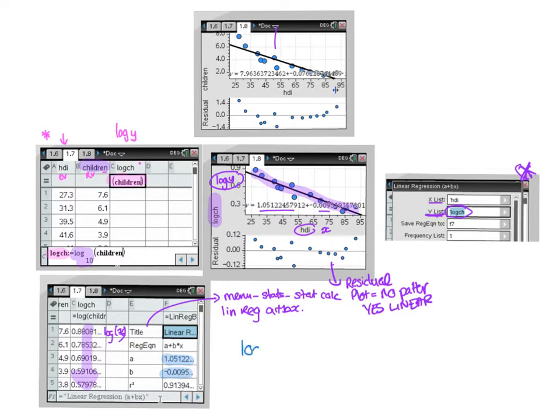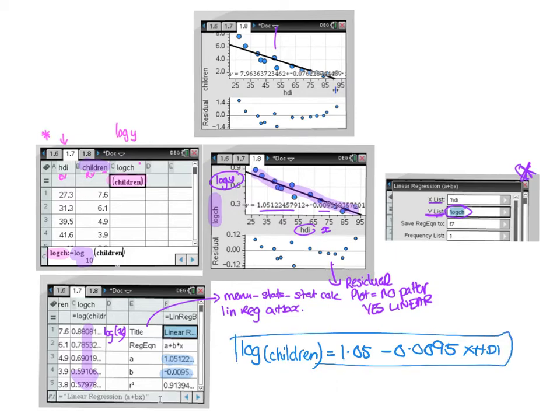So when I write my new formula, I have to actually write log children, because it's not Y anymore. Log children equals, and I would write 1.05 minus 0.0095 times HDI. So there I've written the transformed equation out. Okay, now another thing we look at, if you saw, we had a couple of transformations we could have done.